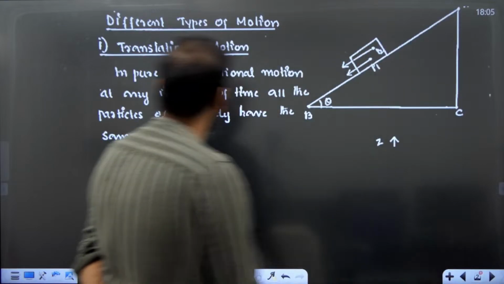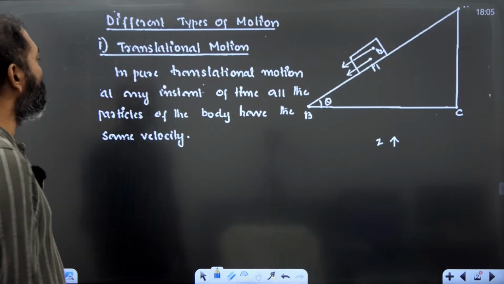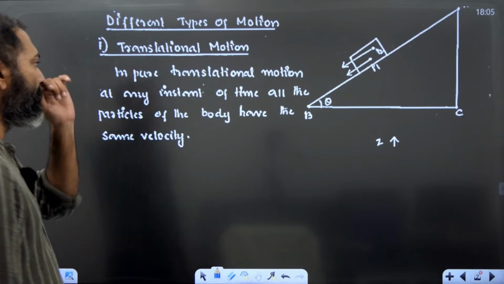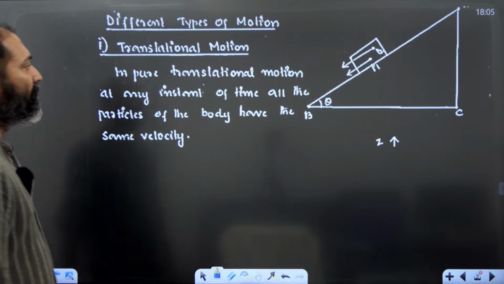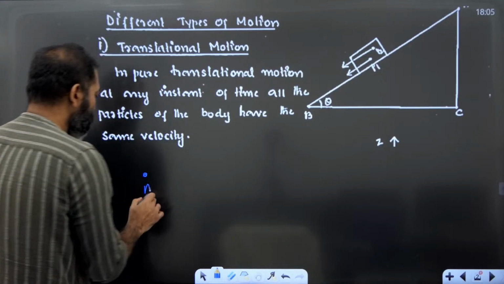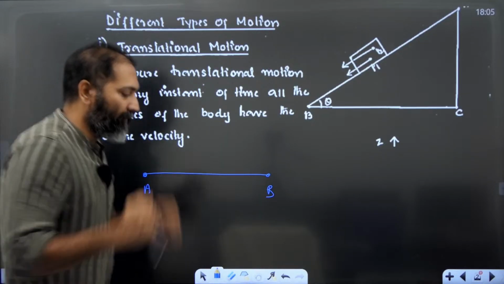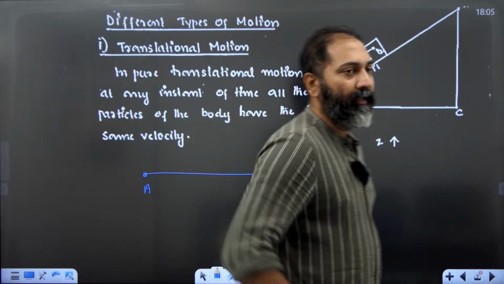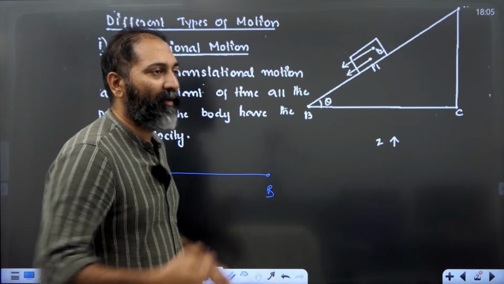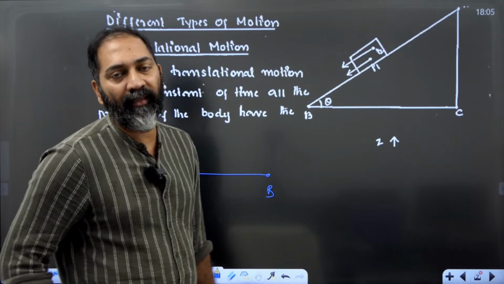Next point. Translatory motion. In a pure translatory motion, at an instant of time, all the particles of the body have the same velocity. What is meant by translatory motion? Suppose I am going from A to B. Then my head has the same velocity, my hip has the same velocity, my arms and my legs have the same velocity.